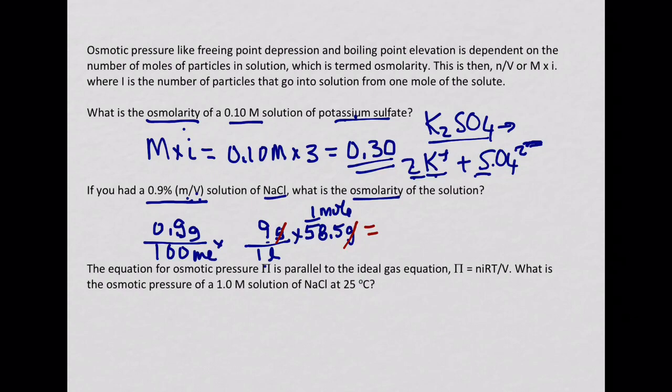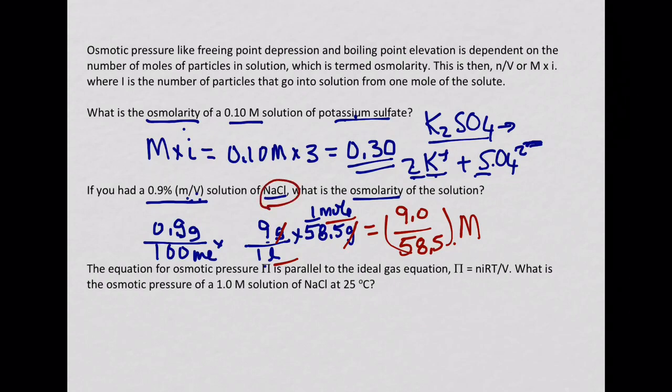So this is going to be our moles per liter. And so our molarity is going to be 9.0 over 58.5, and that looks like it's about 1/6, something like that.